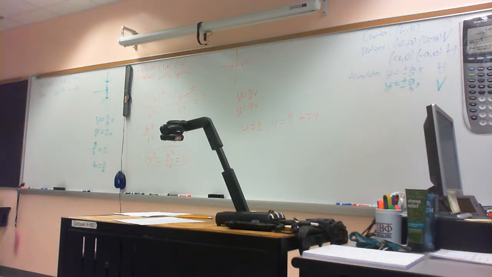No. The vertices are there. Wait, so what are you supposed to graph? The vertice formula. Yeah, so your vertices are there. And then, what are you doing? Oh, you forgot why? Alright, yeah, the y is negative 3. The asymptotes.